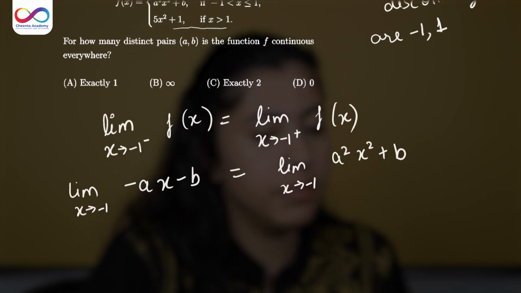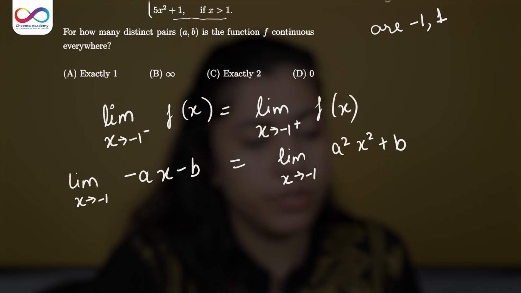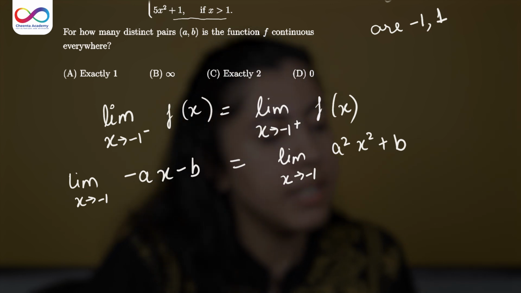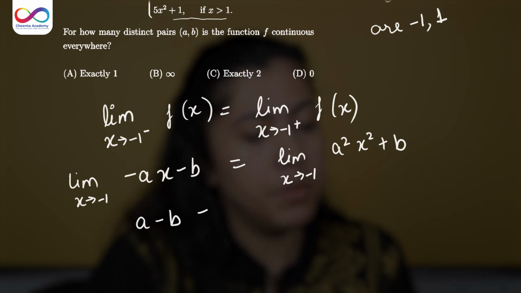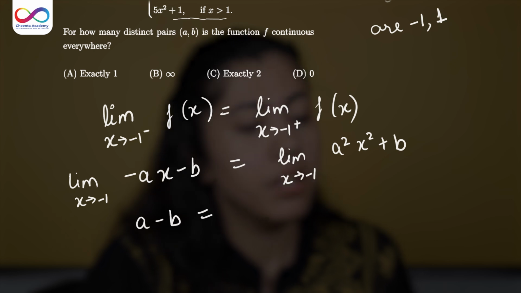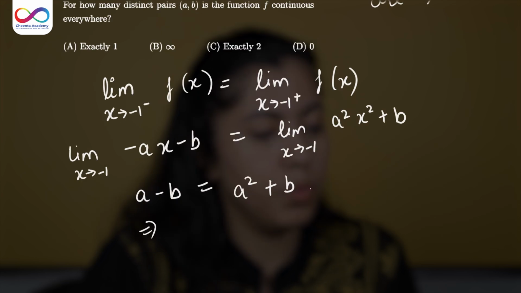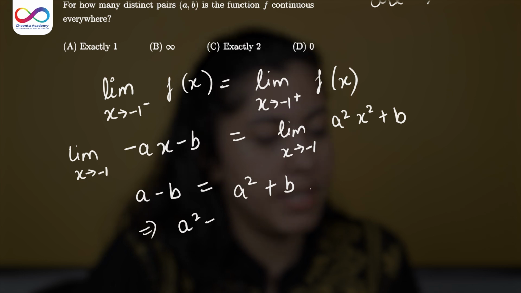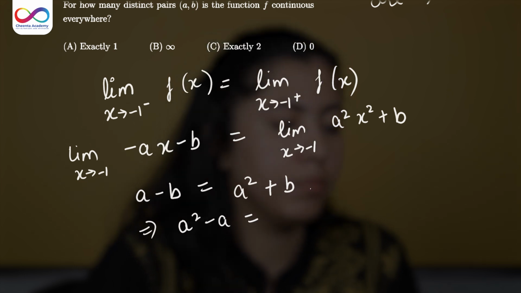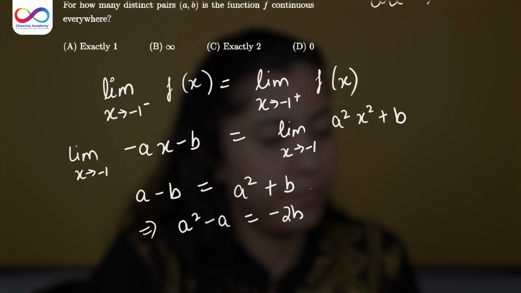Plugging in the value minus 1, we get a minus b is equal to a square plus b. So we get this relation: a square minus a has to be equal to minus 2b. That is the first equation.